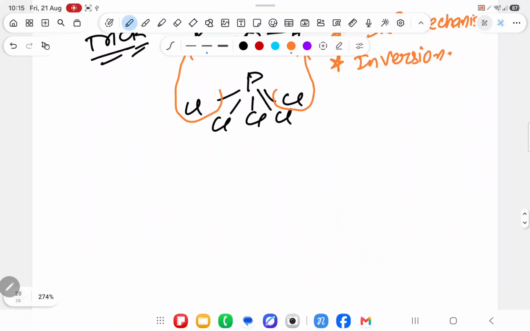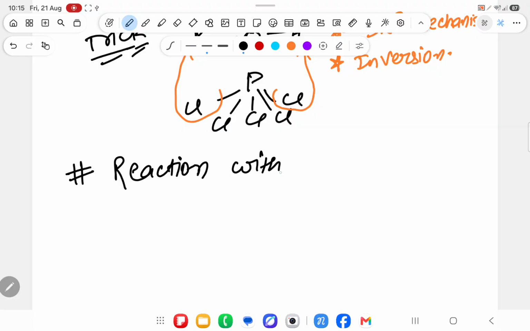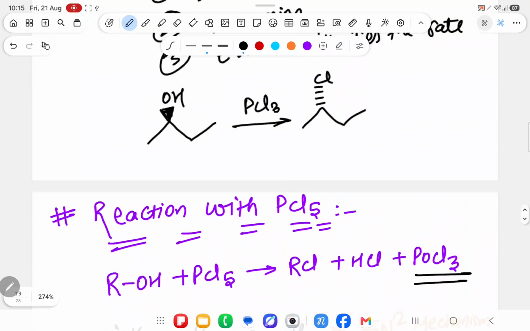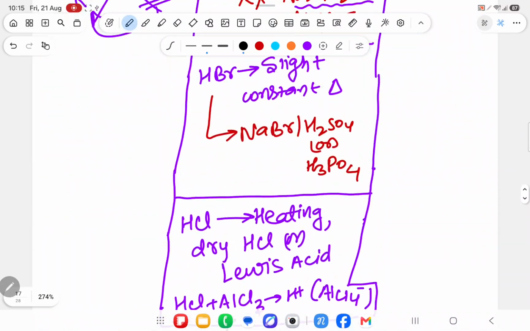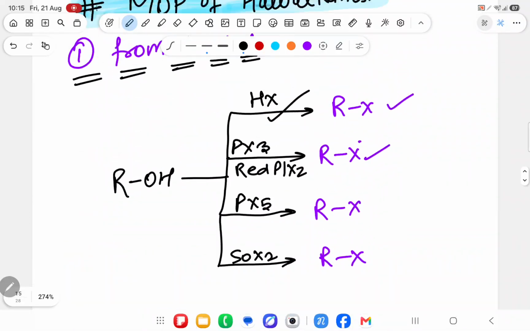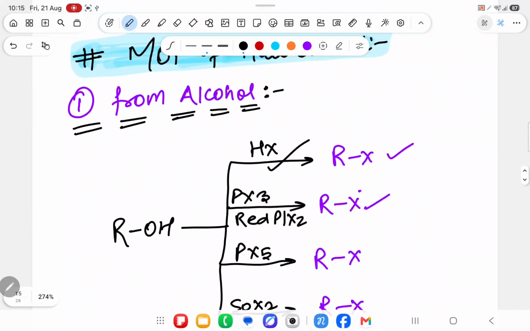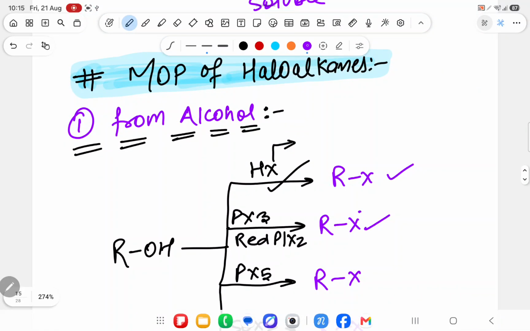SN2 written means you understood it. Next part of the topic is reaction with SOCl2. Over here I have not mentioned it, but you have to understand what X I have taken. I have taken only chlorine; bromine, iodine and fluorine I have not taken.